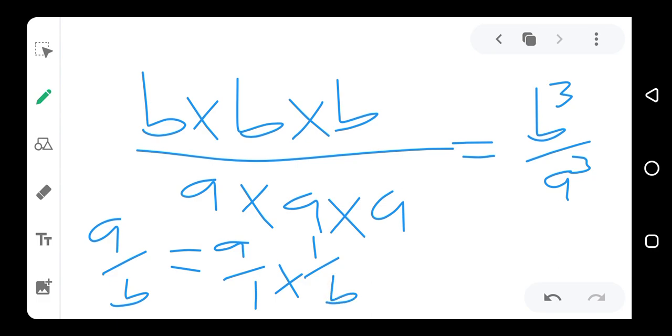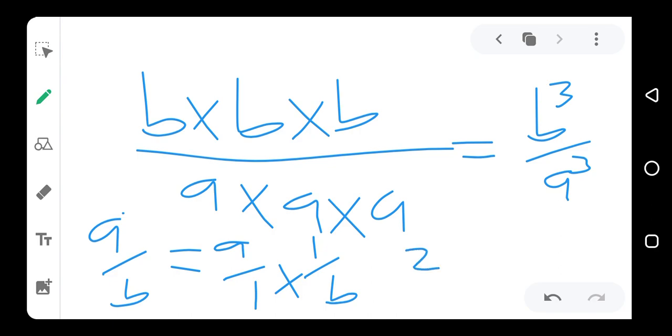So anytime you see a fraction, you can separate the one on top and the one below by using a multiplication: the one on top divided by 1, and then 1 over the one below. So the one on top is this a. So you say a divided by 1, you separate the two of them with multiplication, then multiply by 1 divided by the one below.